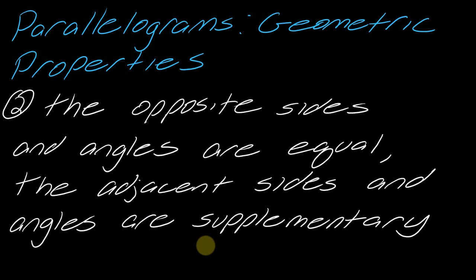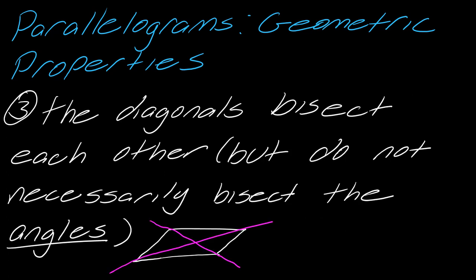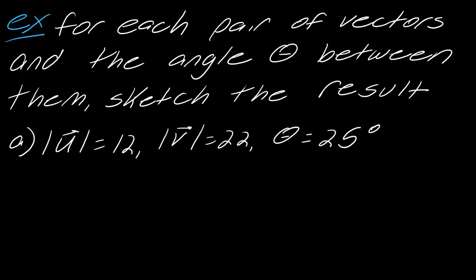You might not know why this is helpful, but I'm going to show you why in just a few minutes. One other thing to note: the diagonals bisect each other. So they go through the middle, but they don't necessarily bisect the angles. They bisect the actual diagonal lines, but not the angles. Just something to keep in mind.